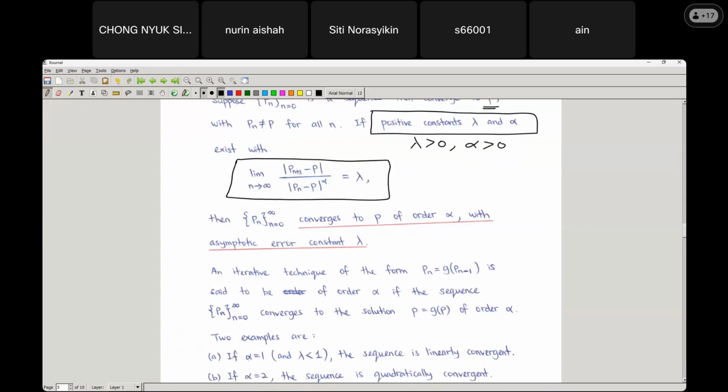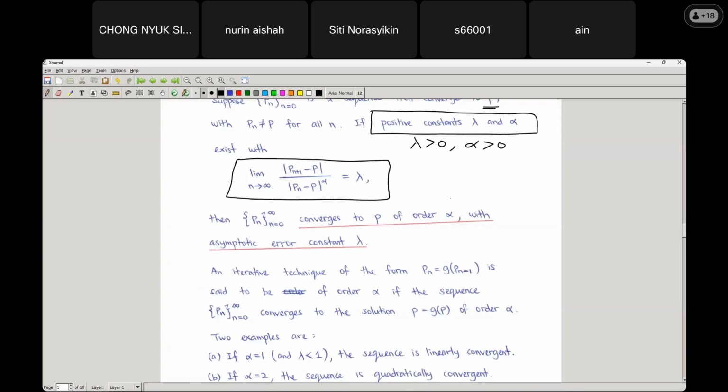Pn plus 1 is the sequence, P is the convergence point, and the absolute value of Pn plus 1 minus P, divided by the absolute value of Pn minus P to the power of alpha, is equal to lambda. Alpha and lambda are positive values. Then the sequence Pn converges to P of order alpha with asymptotic error constant lambda.